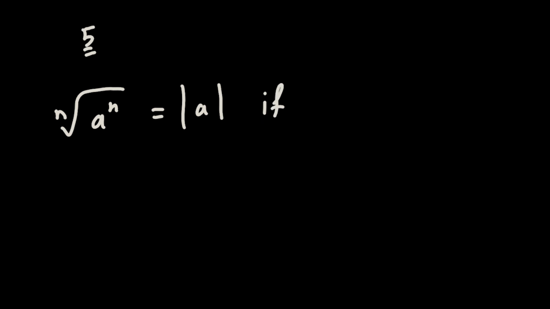So the fifth property says if we have the nth root, and inside of the root we have a to the power n, that would equal the absolute value of a if n is even. Let's see.